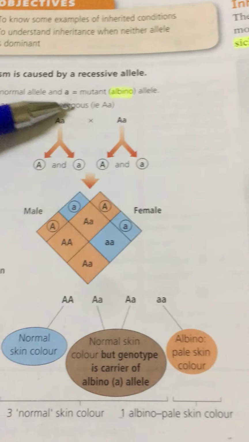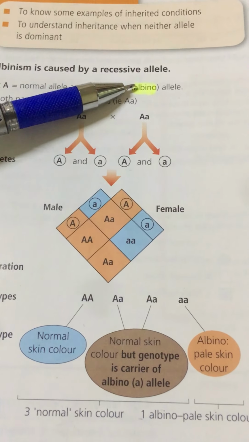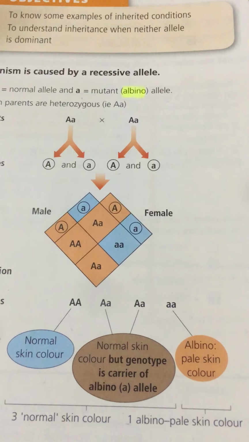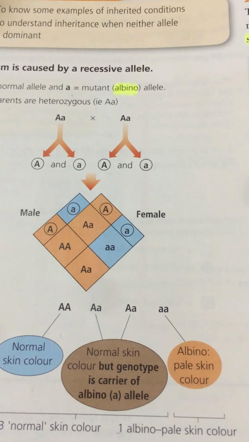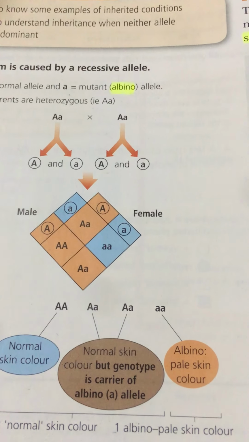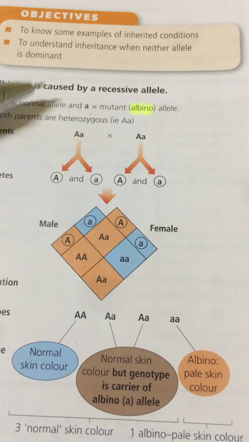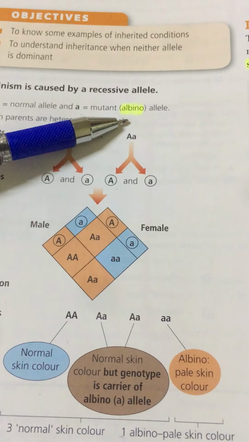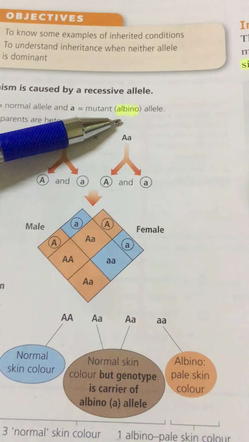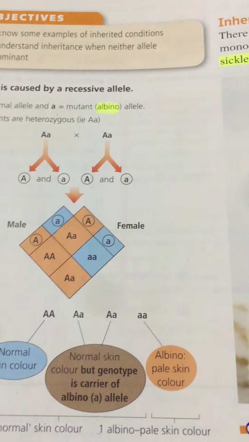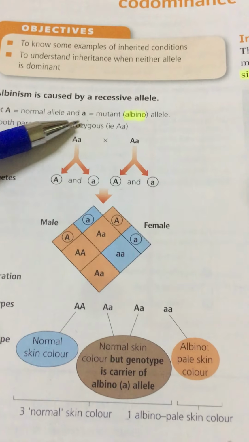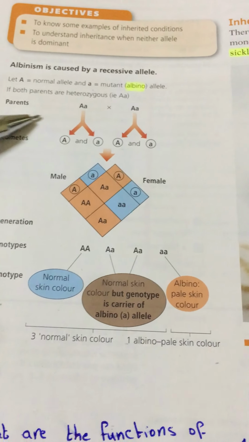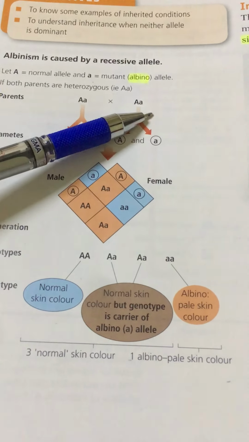What do we mean by albino? The person or the animal has a congenital absence of pigment in the skin and hair. If the person has an absence of pigment in the skin and hair, he will have the small allele. Now, the parents are both heterozygous.